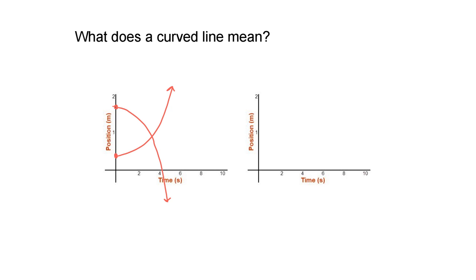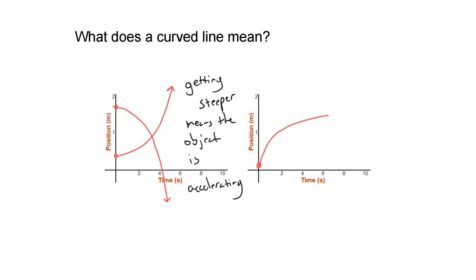All right, so getting steeper, both of these, means the object is accelerating. We're going to spend many days on acceleration, but just know for now that getting steeper means the object is accelerating.